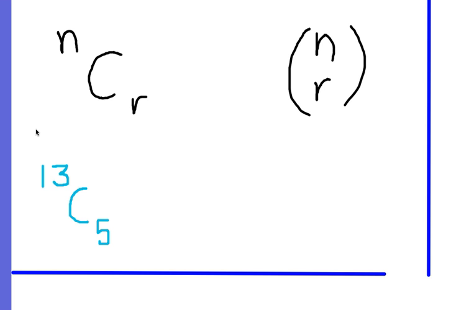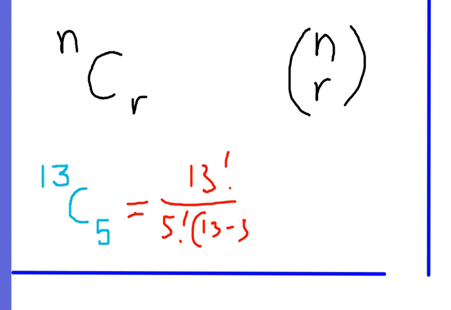Now again, I want you to have a look at your calculator, because your calculator has nCr on it. Instead of having to go 13 factorial on 5 factorial outside of 13 minus 5 factorial, we can just go 13C5 using our calculator.